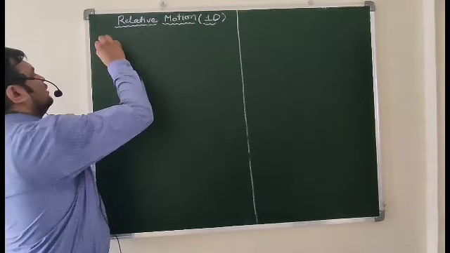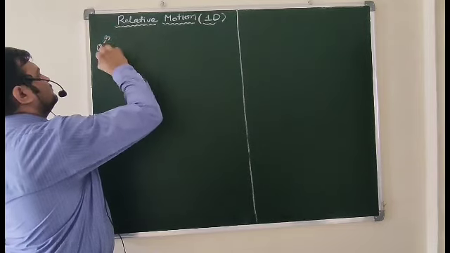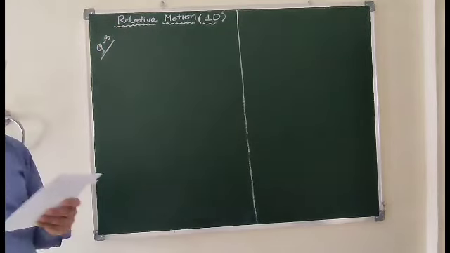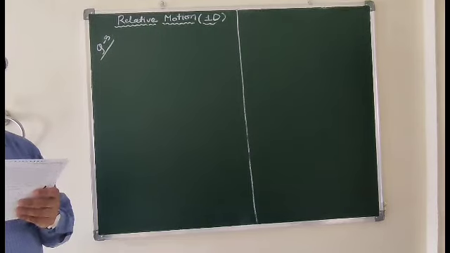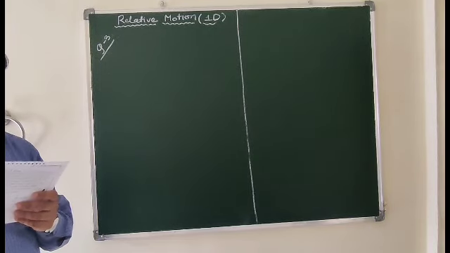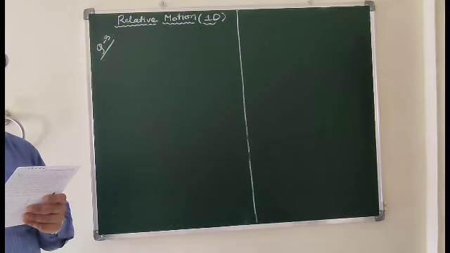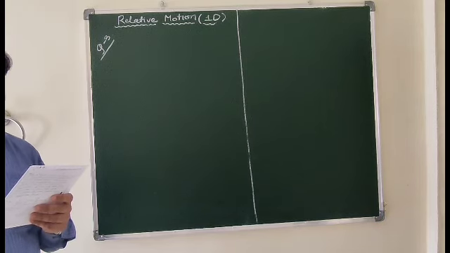So now question 3, the problem statement. A stone is thrown upwards from a tower with a velocity of 15 meters per second. Another stone is simultaneously thrown downward from the same location with a velocity of 50 meters per second.